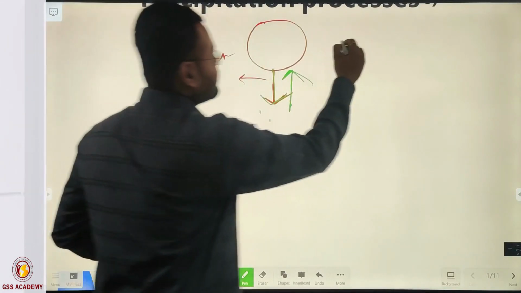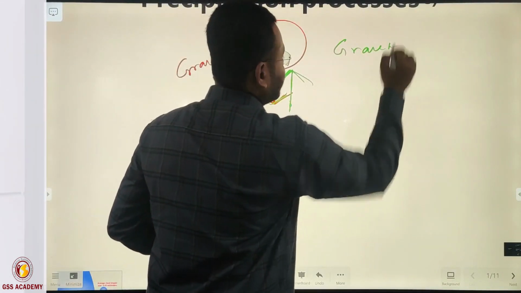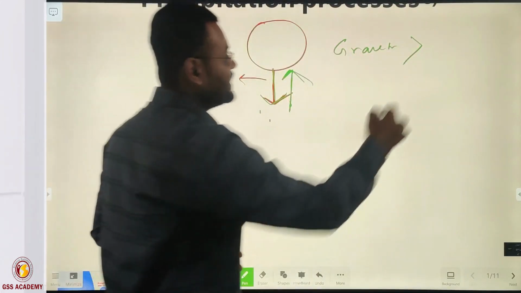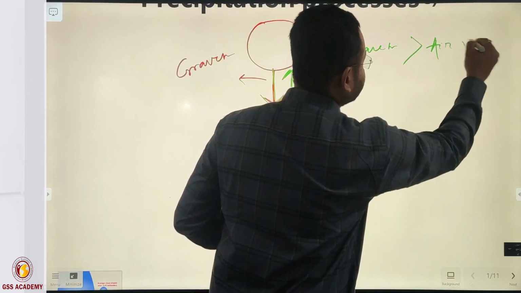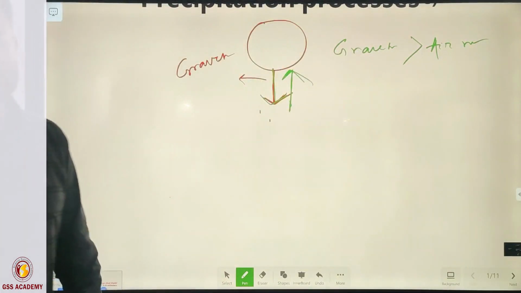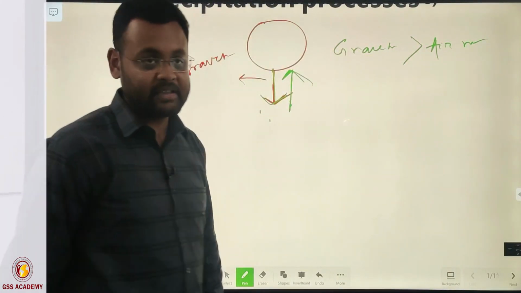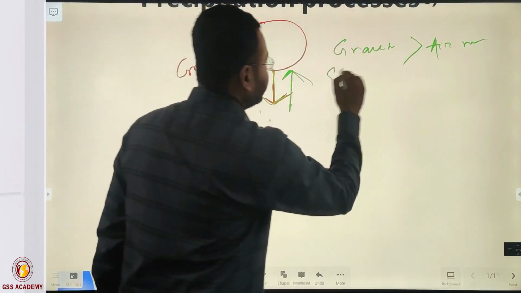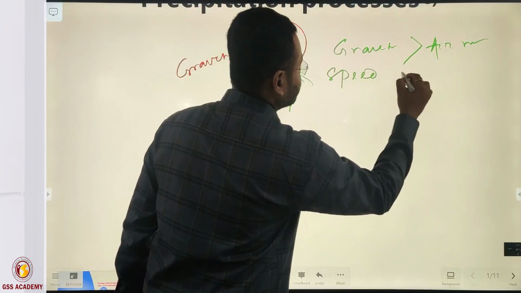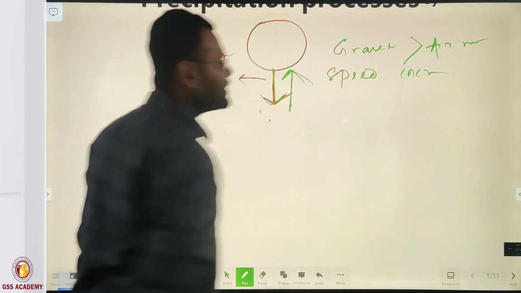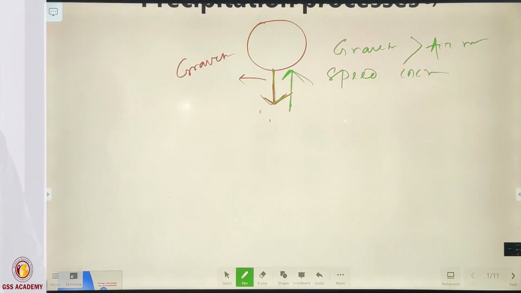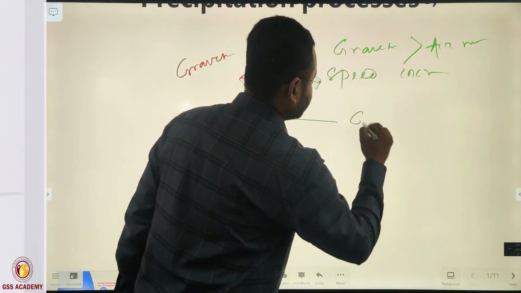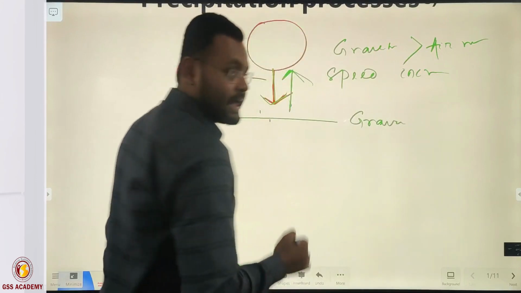But as long as the magnitude of gravitational attraction is greater than air resistance, the speed of this droplet will increase.